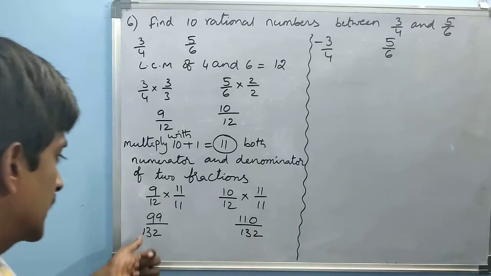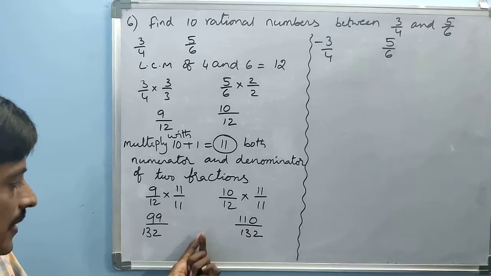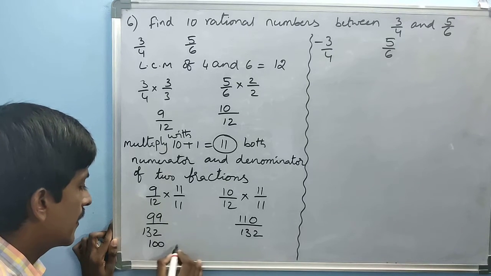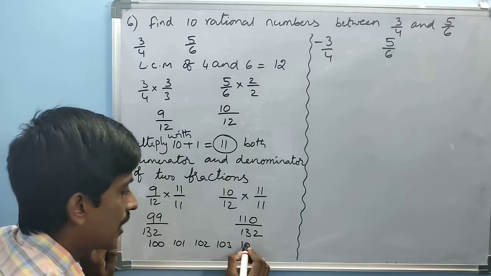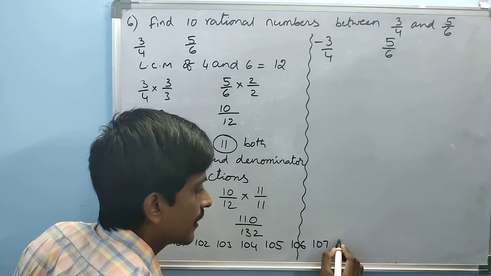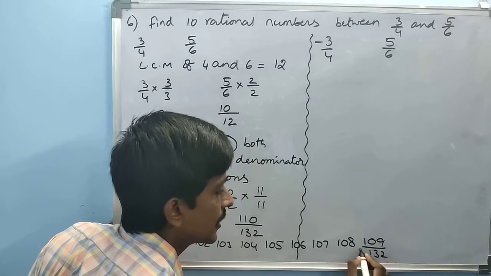What are the numbers? 99 by 132 and 110 by 132. Now the denominators are the same. After 99, what is the next number? 100, 101, 102, 103, 104, 105, 106, 107, 108, 109, all by 132.